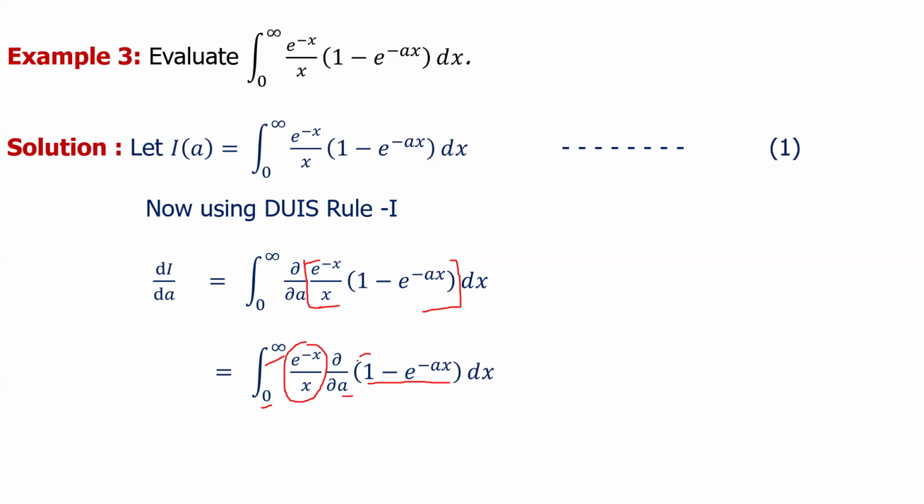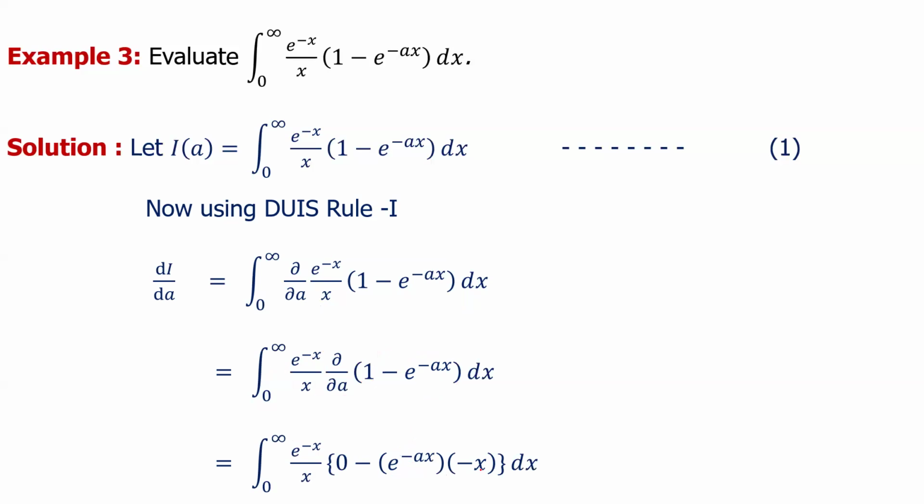The derivative of 1 with respect to a is 0. And what is the derivative of e^(-ax) with respect to a? It is e^(-ax), and again the derivative of -ax with respect to a is -x.